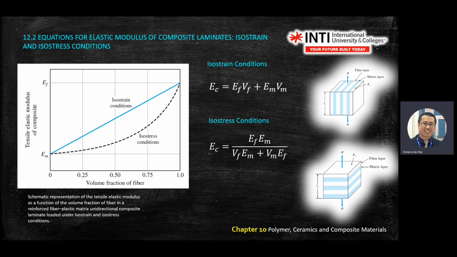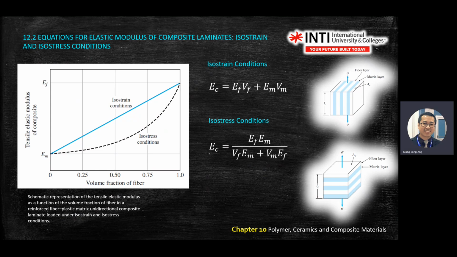Okay, so as you can see here, this is a linear equation. If you change fiber, this is y equal to mx plus c, because your x is volume fraction of fiber, VF. So if you're given the equation of the graph, you should be able to find the missing parameter here.